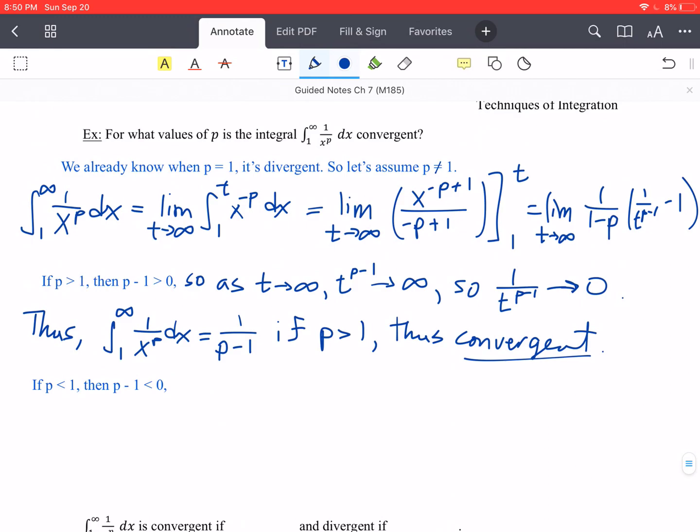So as t approaches infinity, as t gets infinitely large, if p minus 1 is negative, that means that t to the p minus 1 is going to head towards 0. Right? Really big number to a negative power, that's going to head towards 0.